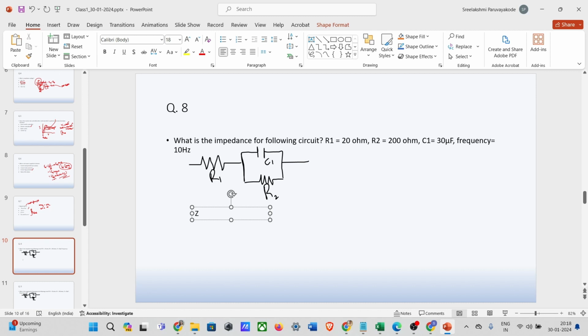You can write it and you can discuss your final answer. So what I actually want is something of the form Z real plus J into Z imaginary. So I can give you 5 minutes. If anyone gets the answer before that, you can let me know.